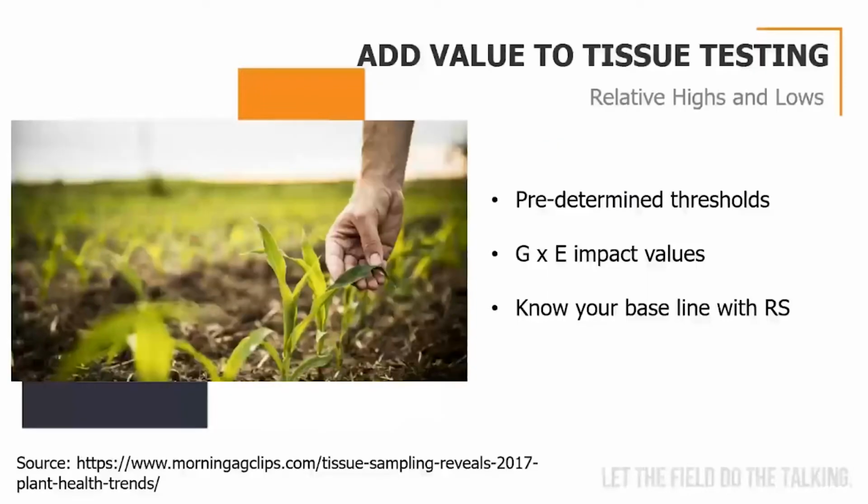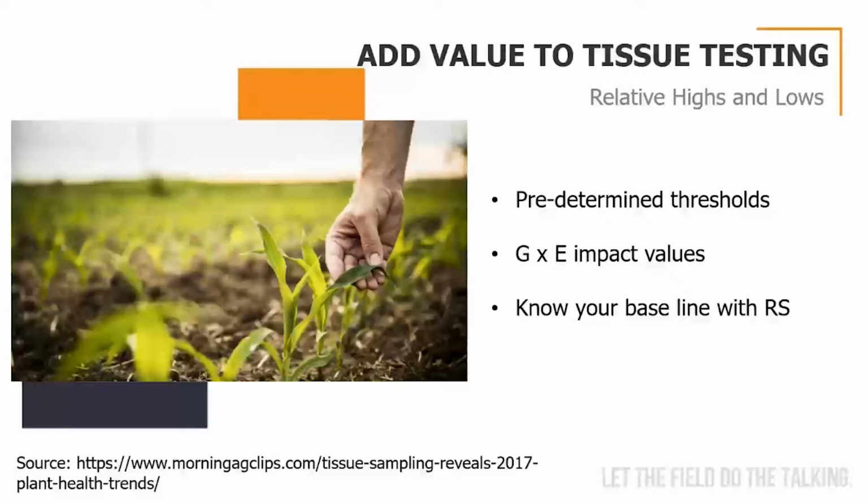Reference strips can also bring added value to ongoing agronomic practices such as tissue testing. Tissue testing utilizes predetermined critical thresholds. These values can be disputed and argued about, the accuracy, but most will recognize that genetics and environment are going to impact these critical values.